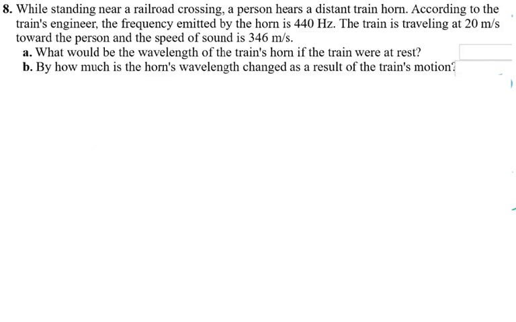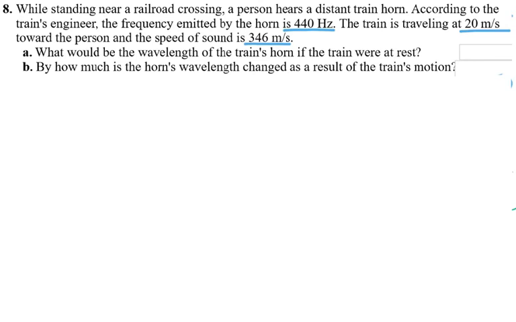Here's one more question. While standing near a railroad crossing, a person hears a distant train horn. According to the train's engineer, the frequency emitted by the horn is 440 hertz. The train is traveling at 20 meters per second toward the person, and the speed of sound is 346. What would be the wavelength of the train's horn if the train were at rest?